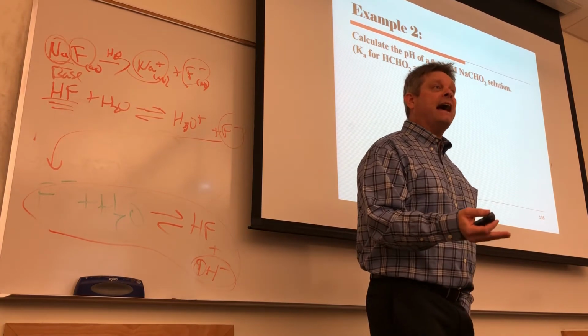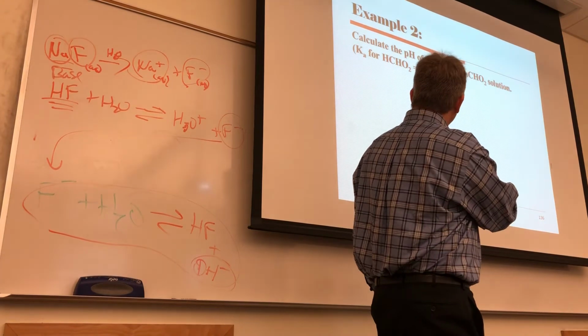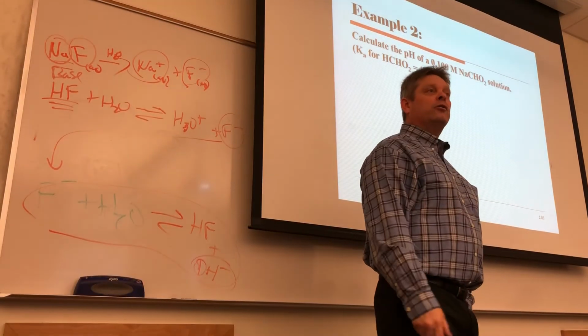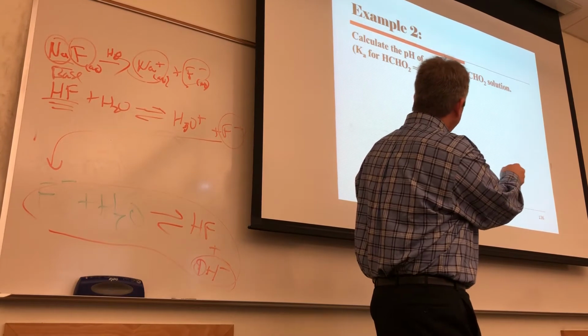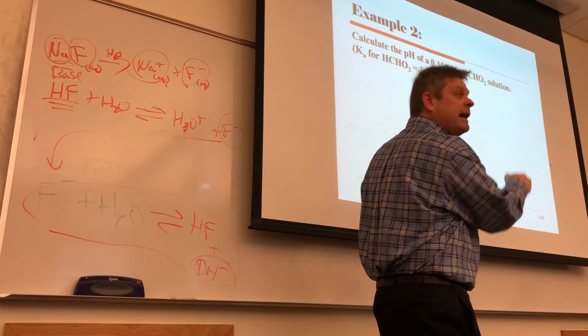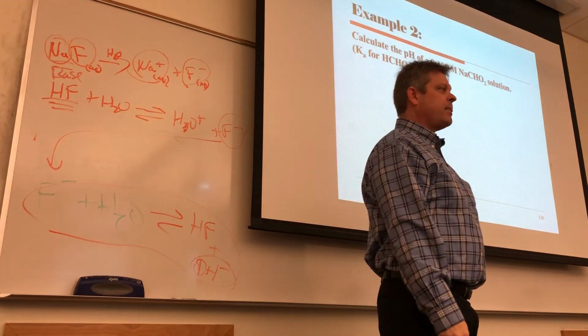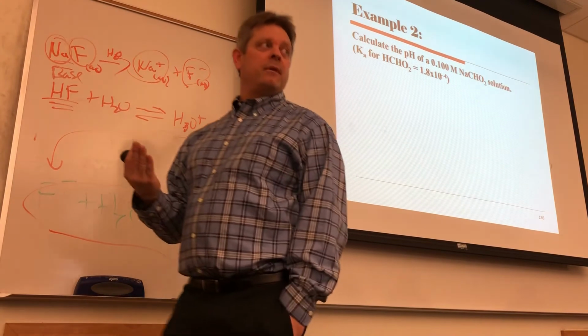It's based off of the acid, right? So even though this isn't given as HCHO2, if I just look at the conjugate base off of what this would be, I would end up with the CHO2 minus. So the sodium isn't doing anything in here.